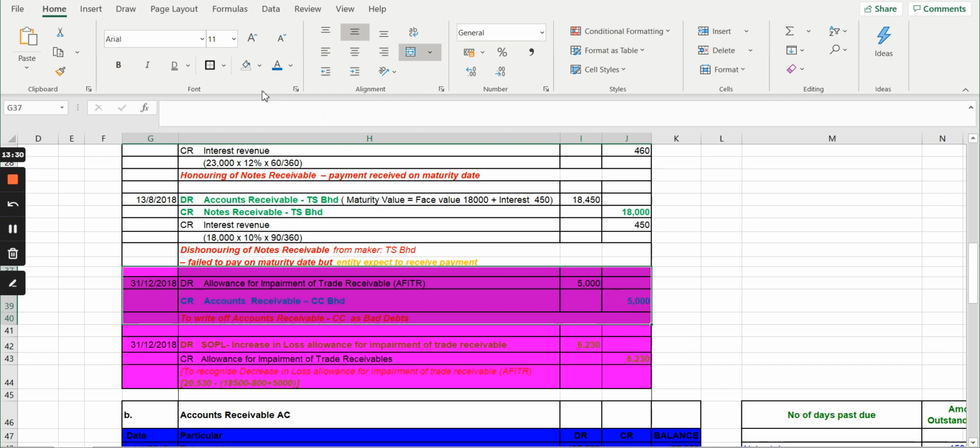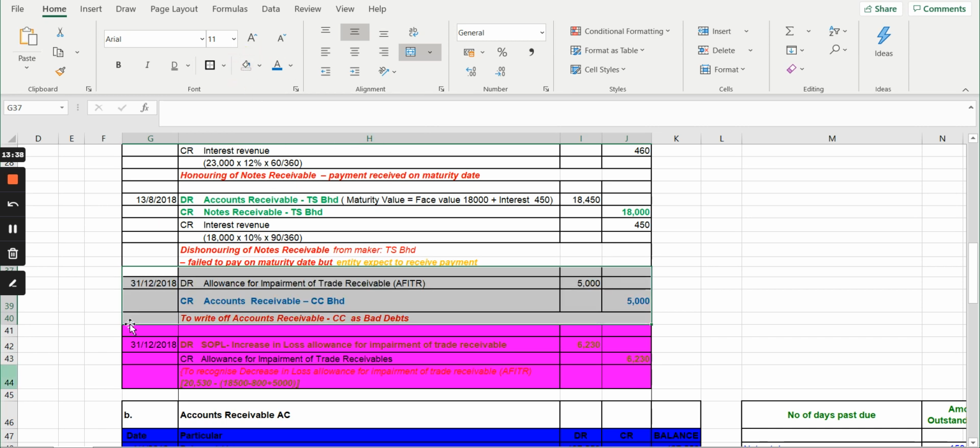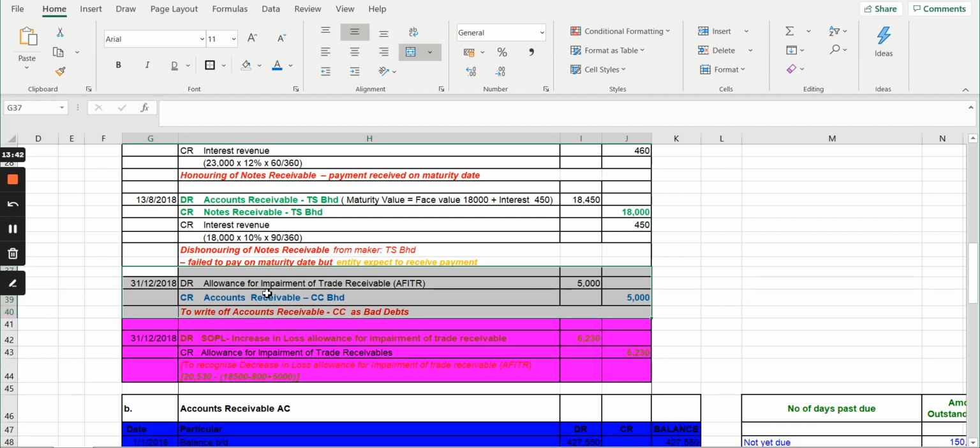The company has already made the estimation of customers that are likely to go bad, and they have maintained the allowance for impairment. So debit allowance for impairment 5,000, credit account receivable, CC Berhad, 5,000. That is to write off the account receivable CC as bad.